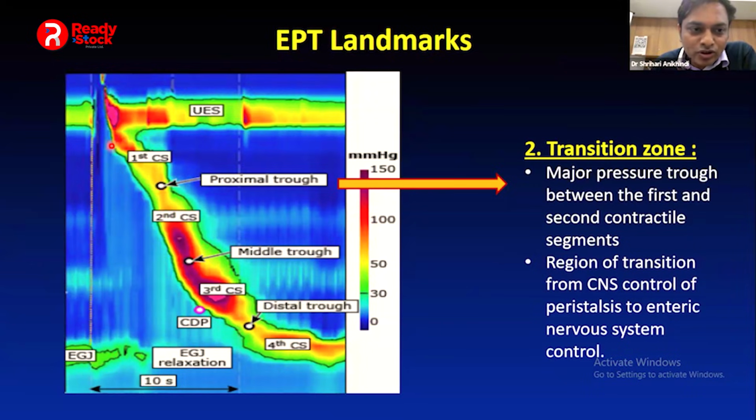So basically, it is going from one segment of the esophagus, which is skeletal, to the second segment of the esophagus, which is smooth muscle. So here you will see an area where the pressure drops. Okay, so that is the transition zone. So basically the transition zone, in a pure sense, is telling us the transition from CNS control of peristalsis to enteric nervous system control of peristalsis.